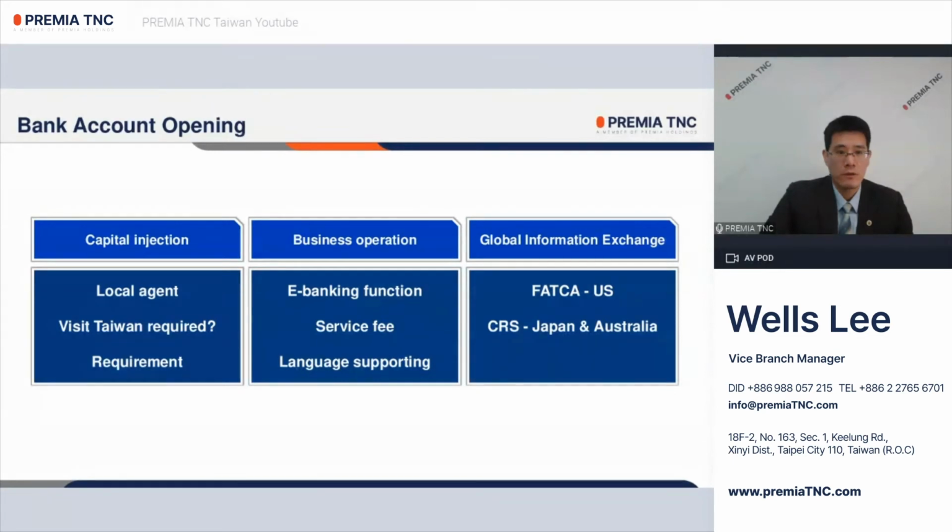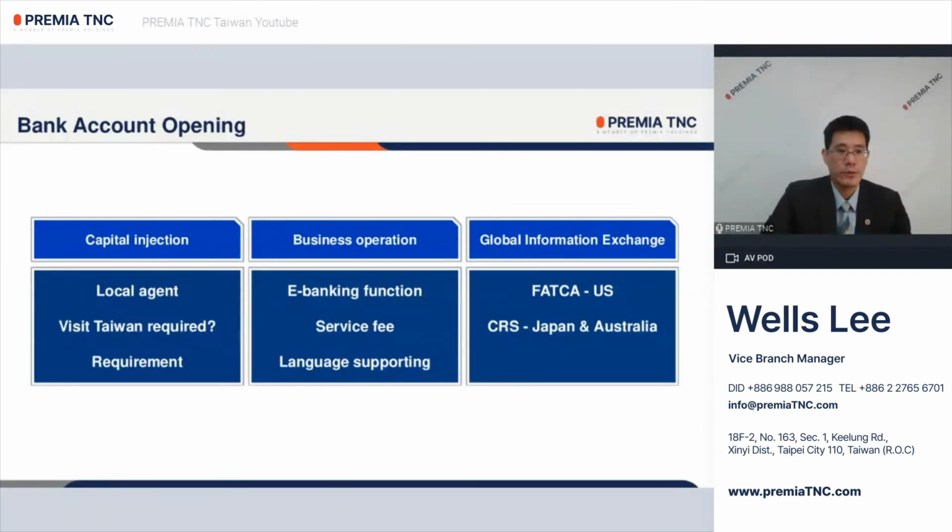Due to the COVID-19 issue, most foreigners now don't want to come to Taiwan and cannot apply for a Taiwan visa. Therefore, you may need to consider banks that accept power of attorney, or you can find a Taiwanese to be the representative.